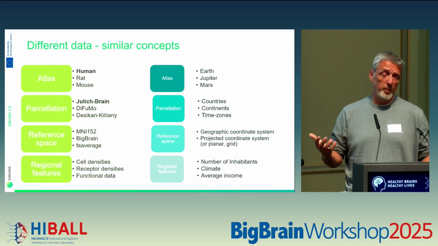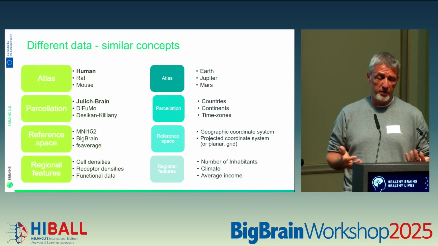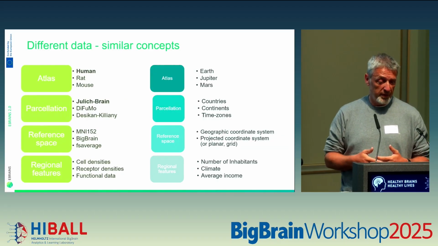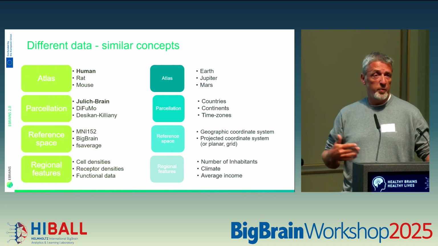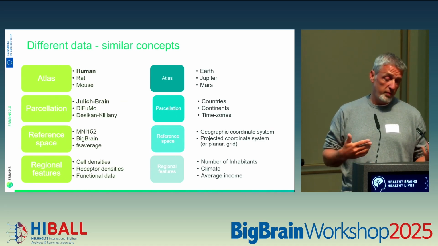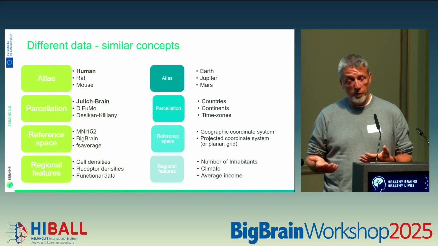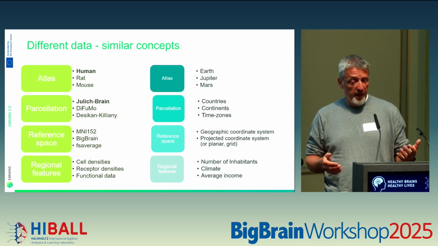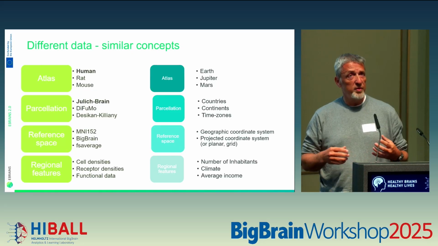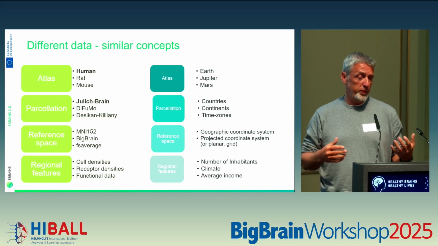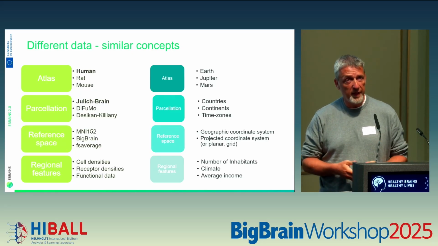In general, it's comparable to a normal atlas we know from geography. So we have atlases. For example, it can be a human atlas or a rat or mouse atlas. We have different atlases included, comparable to different planets. Those different atlases include parcellation schemes. So you have different parcellations, for example, the BigBrain atlas.